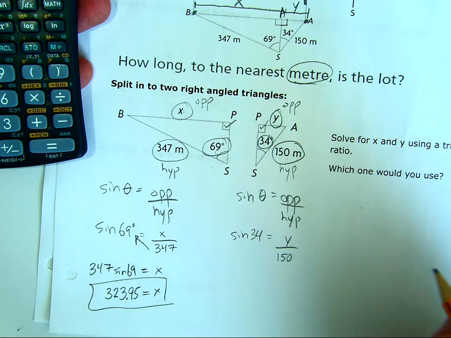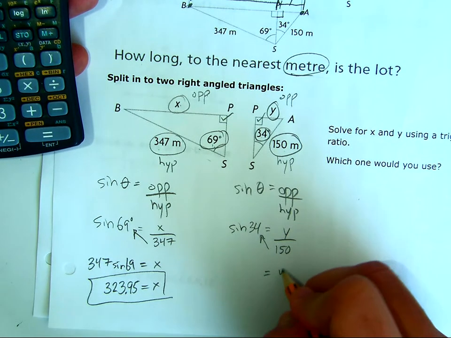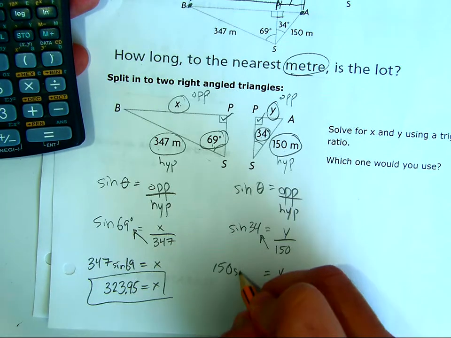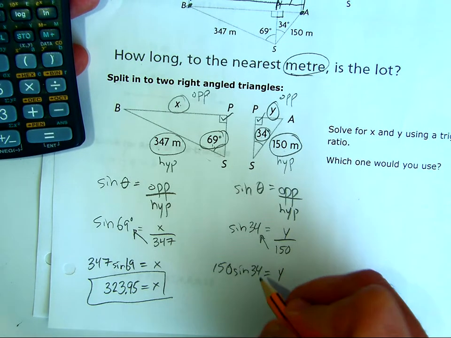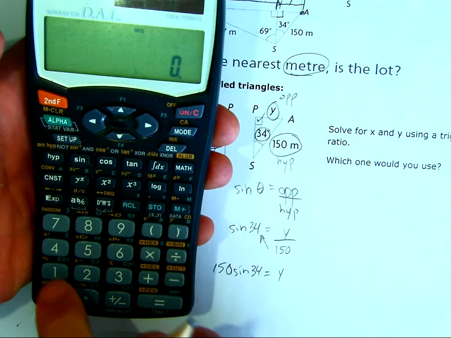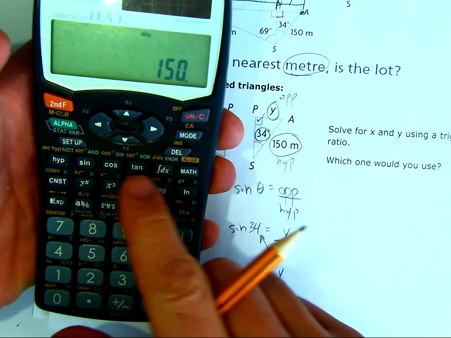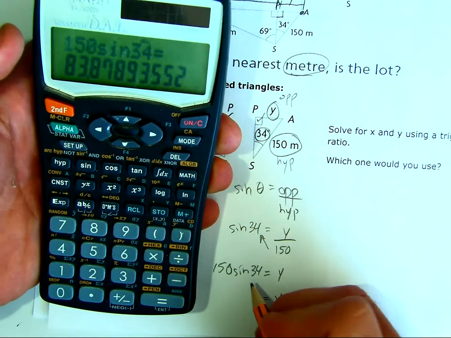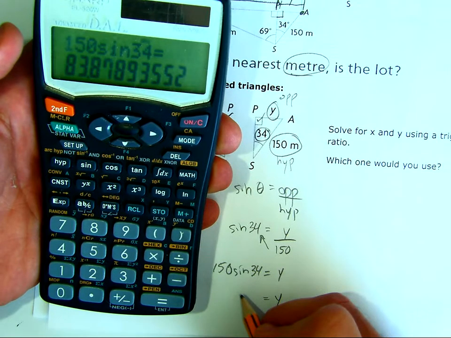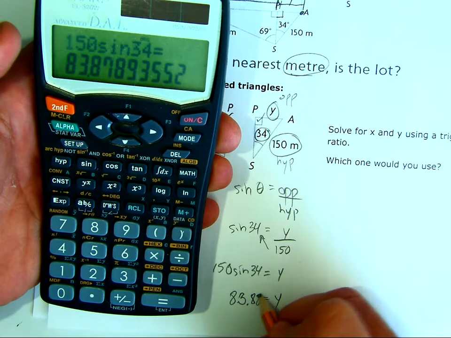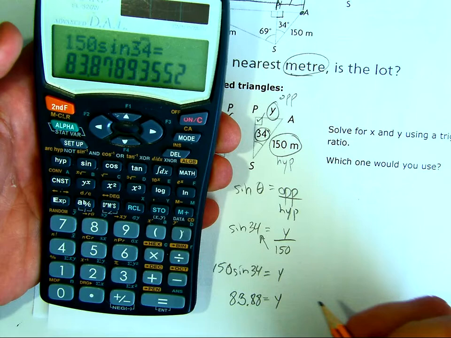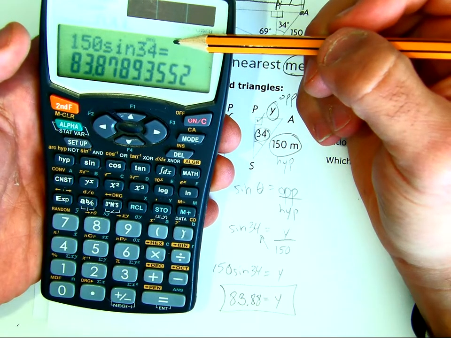Cross multiplying, we get 150 sine of 34, so y is equal to 83.88, rounded. Make sure your calculator is in degrees.